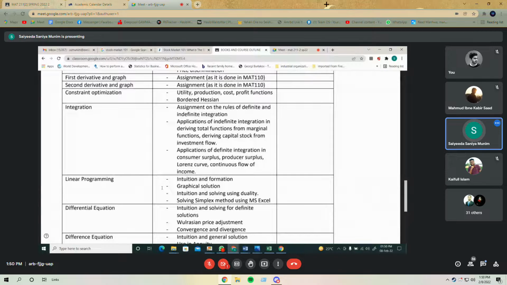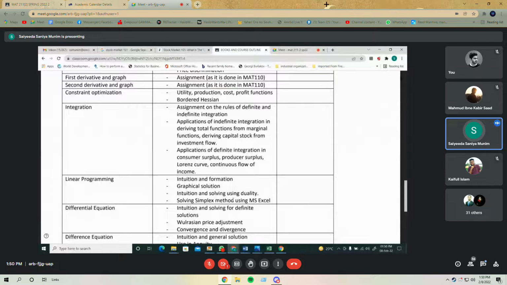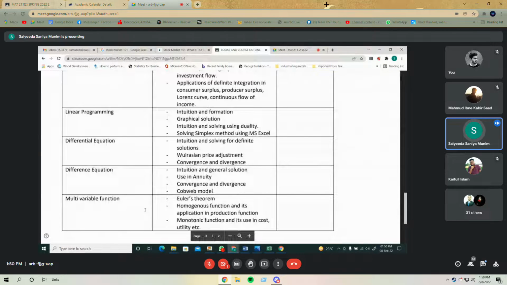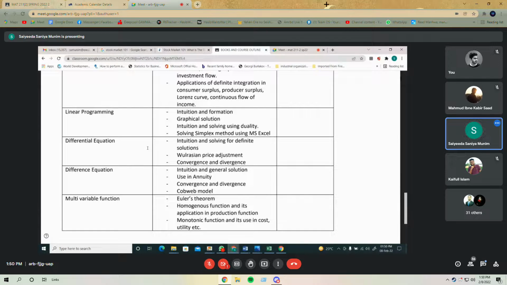Linear programming will use graphical solution, graph drawing, and we'll be using Excel and then try to interpret. We'll go to differential equations and difference equations if time permits. The online platform is, what should I say, not allowing us to go through these chapters, but let's see what happens.